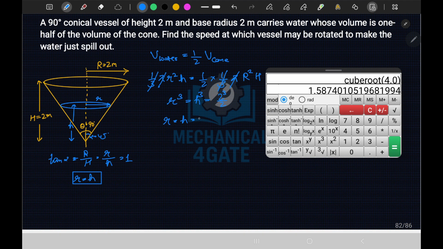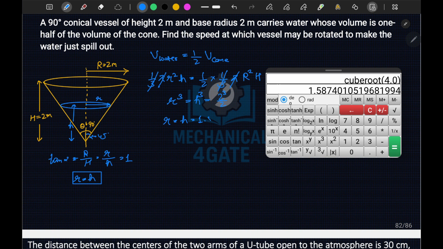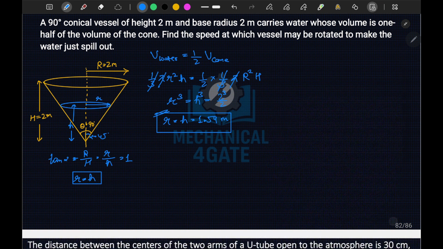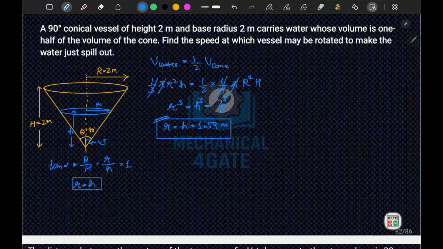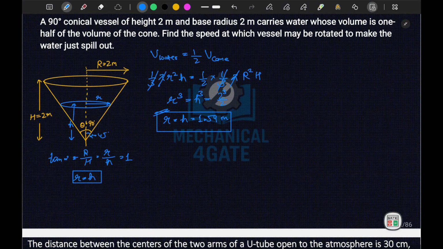Which is equal to 1.59 meter. This is your height and radius of the water surface.